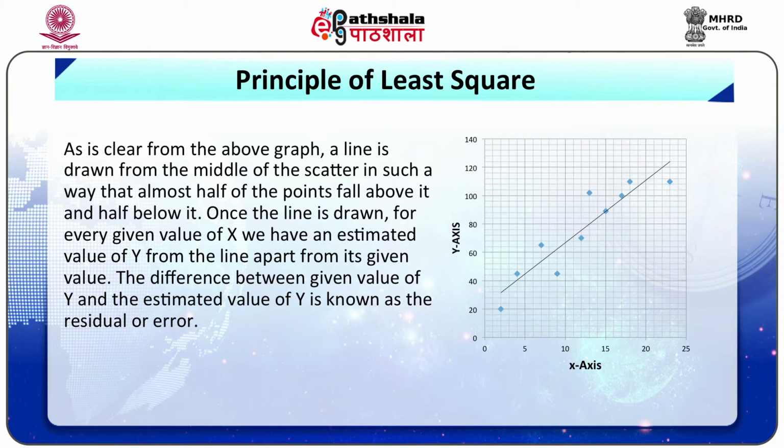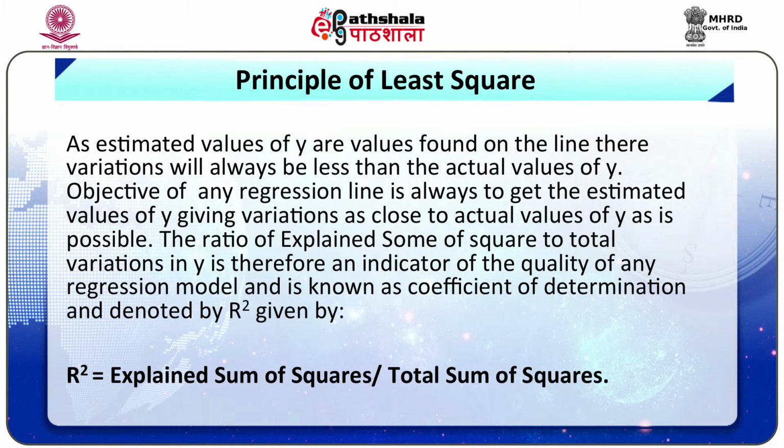The difference between the given value of y and the estimated value of y is known as the residual or error. For example, in the above case, for the first given value of x equal to 2, the given value is 20, whereas the estimated value as given by the line is 32. The difference is 32 minus 20, which is equal to 12.